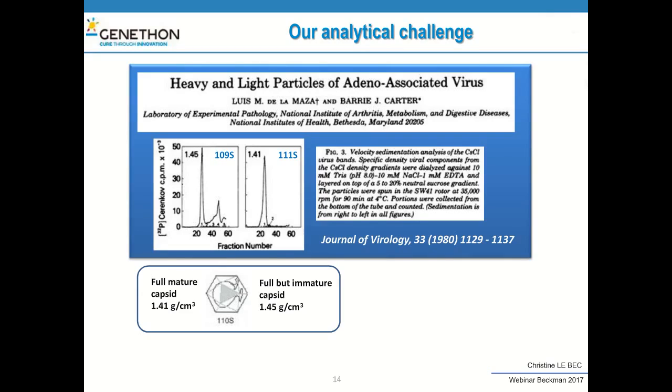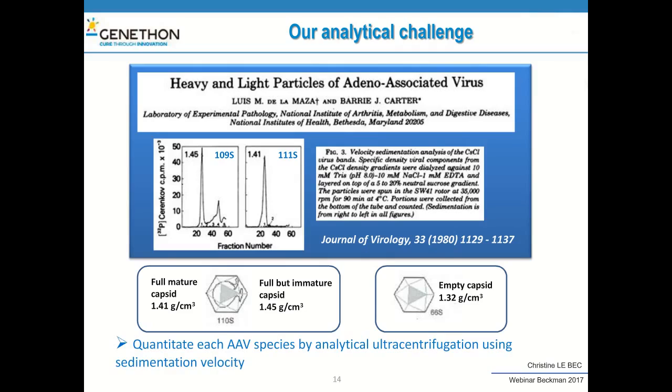In these publications, they present the full particles, which have an S value around 110, and the empty particles at a different density, with an S value around 66 S. So from this paper, we tried to apply the AUC to get an AAV profile, a profile of the full and empty particles.